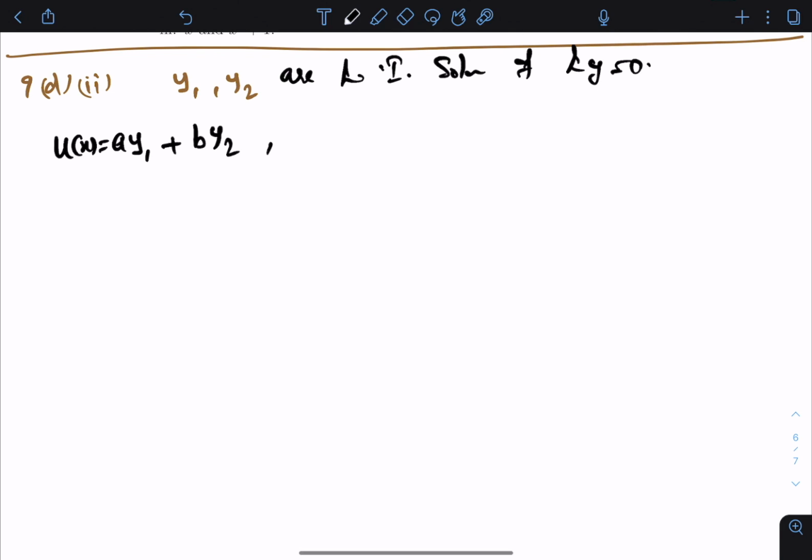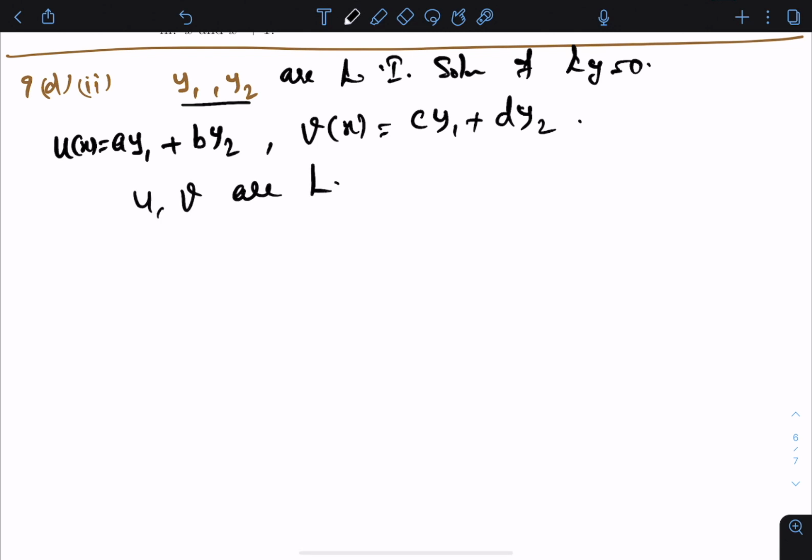What we are asked to prove is, let's call the other linear combination of y1 and y2 v. Then what we need to show is that u and v are linearly independent solutions of Ly equal to 0 if and only if AD minus BC is not equal to 0.